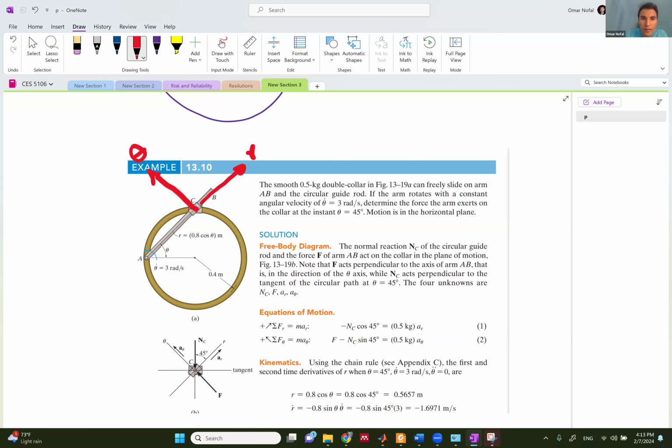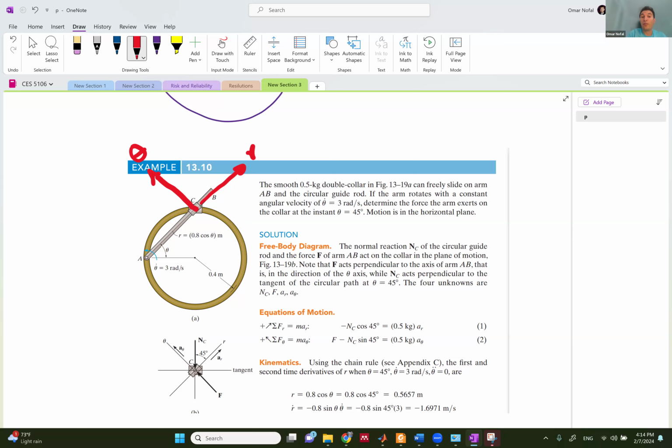R is always in the bar direction and theta is perpendicular to R in the direction of increasing theta, or in the direction of omega. Omega is positive by the right hand rule if it's rotating counterclockwise, with your finger toward you. If the finger is going the other way, it's negative.